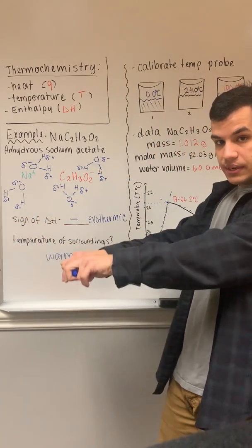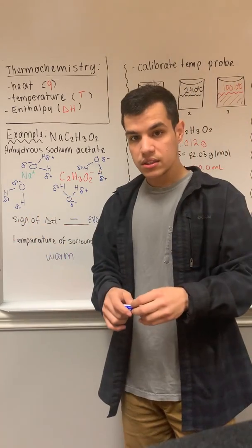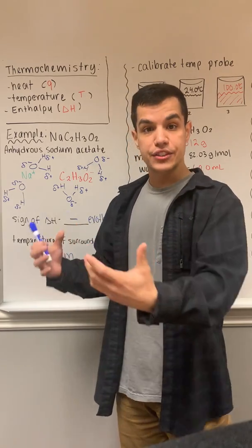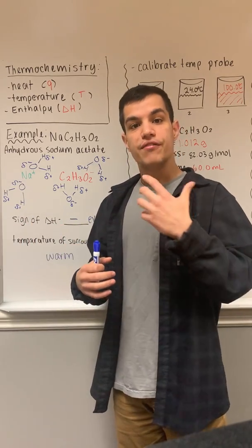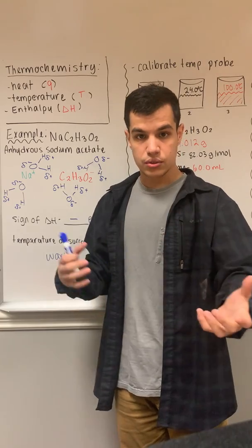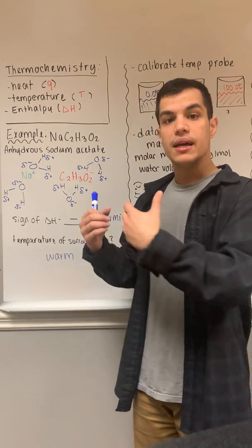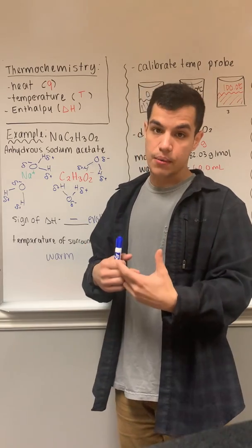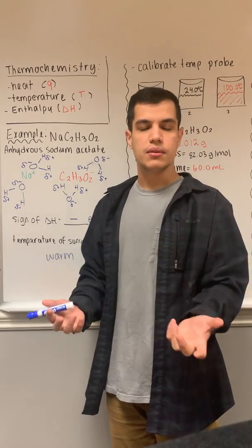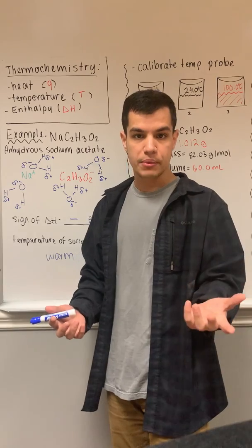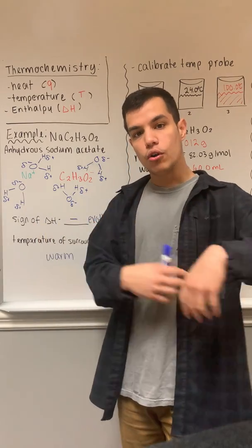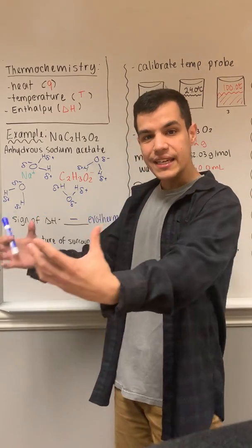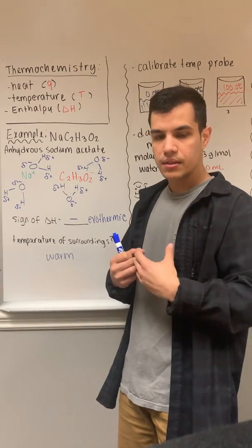I have to go like this, right? If I want to make bonds or interactions, I need energy from the surroundings. So if more interactions were being made, it's taking more energy from the surroundings for that to happen. And that way the system would be endothermic, meaning that it's becoming colder in the surroundings and it's taking heat from the surroundings to the system.